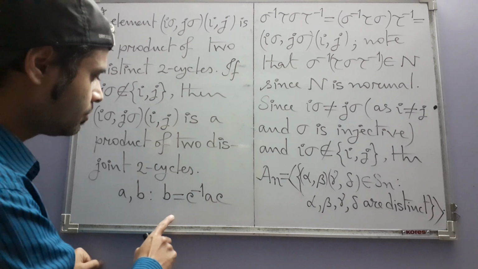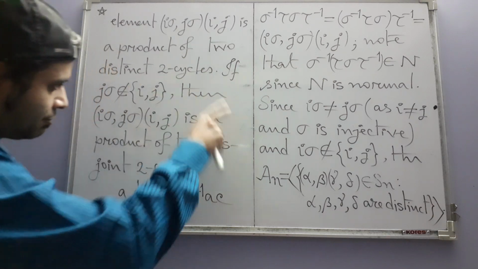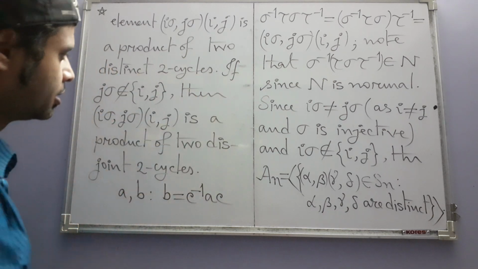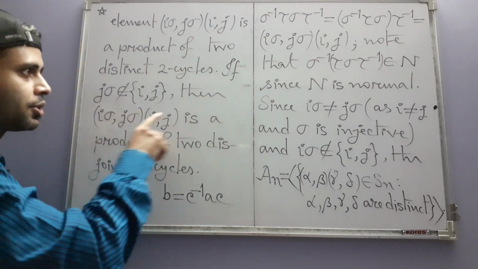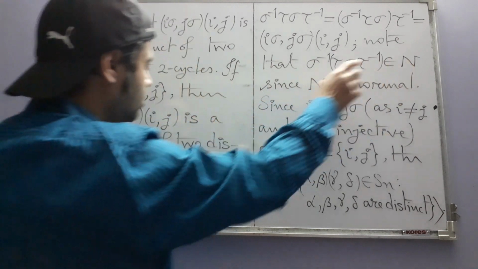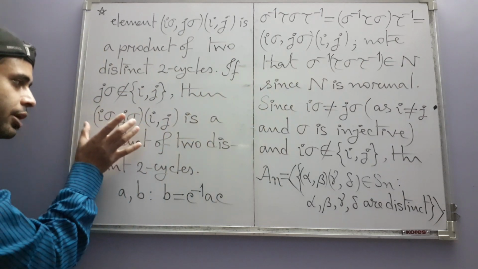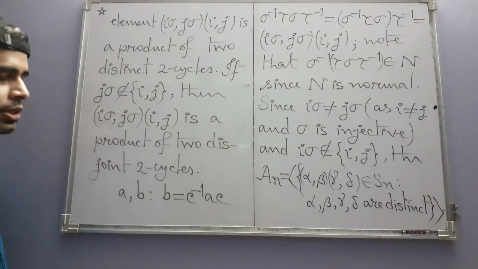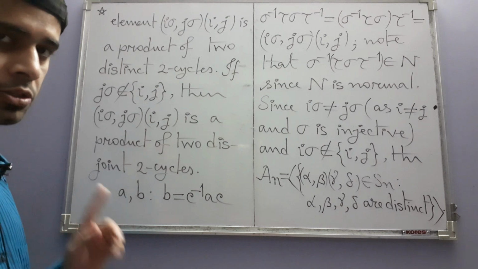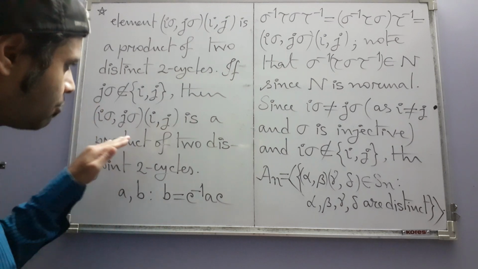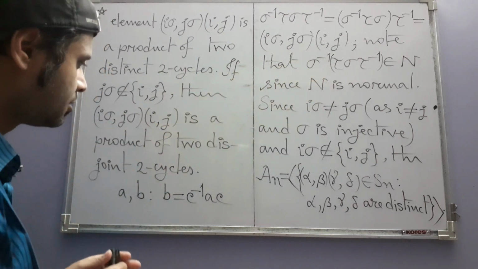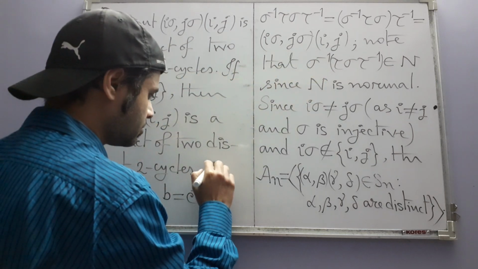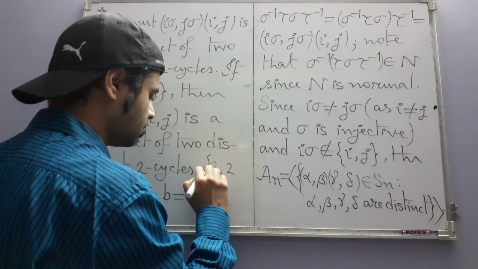Okay. Now what do we have here? What is our final situation? The situation now is this, that we have obtained an element in N which now is a product of two disjoint two cycles. That is one thing. So that means now we know that the cycle structure of our elements is this 2, 2.